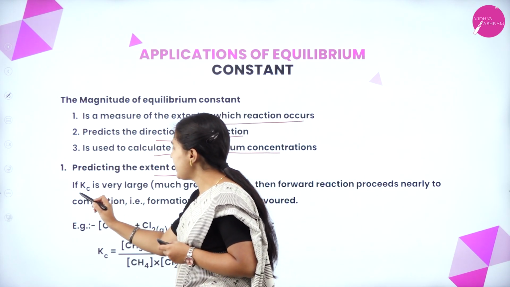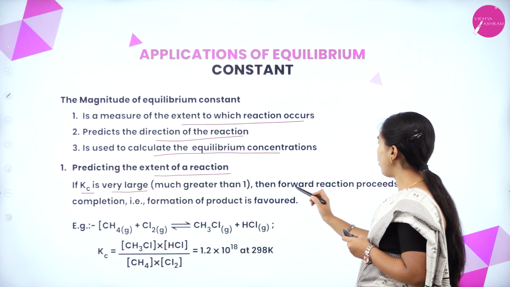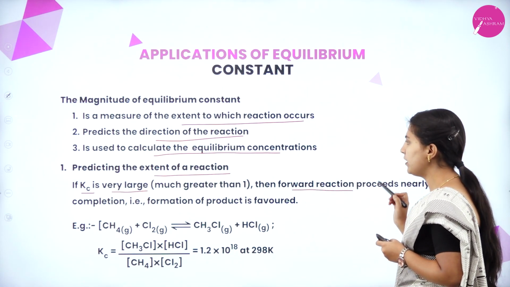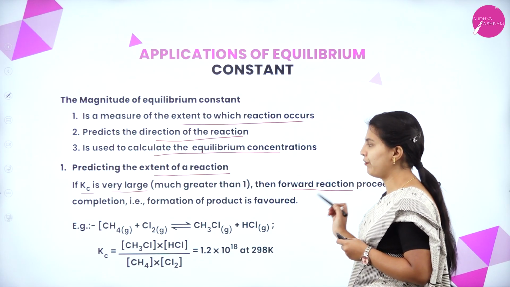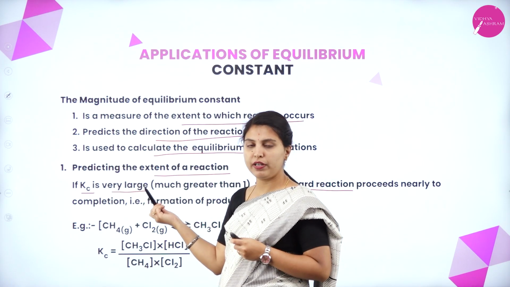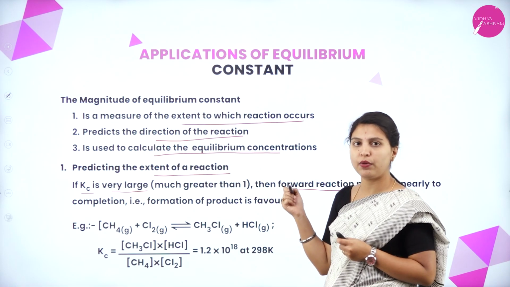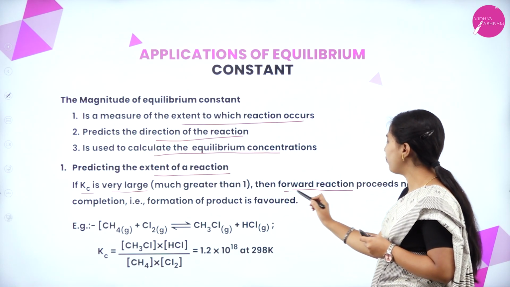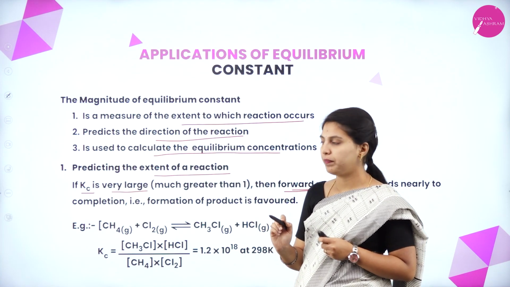If Kc is very large, much greater than 1, then the forward reaction will proceed nearly to completion. That is, formation of product is favored. Once again, if the equilibrium constant is very large, much greater than 1, the forward reaction will proceed till the product is formed.